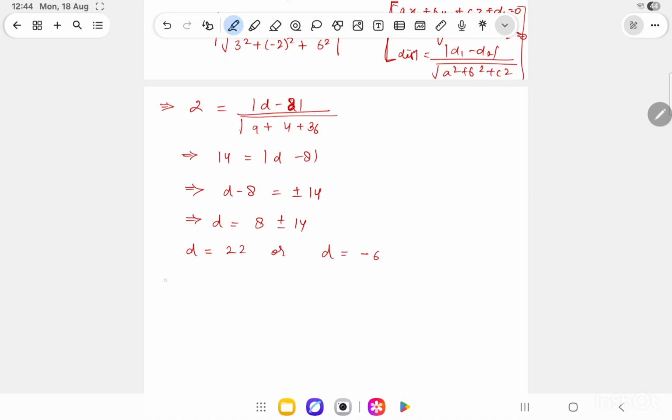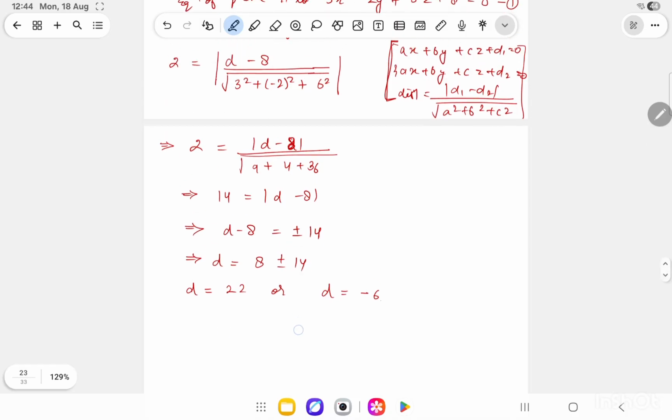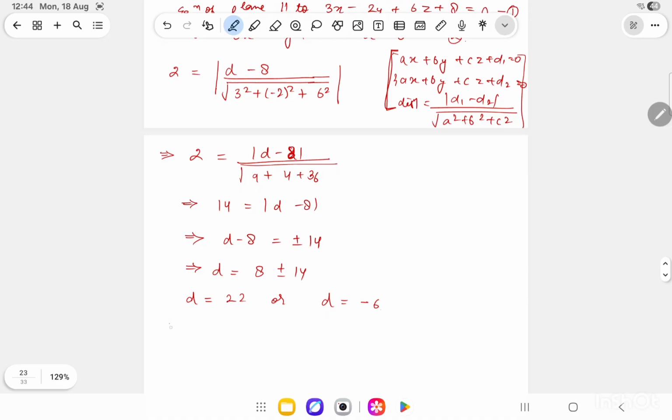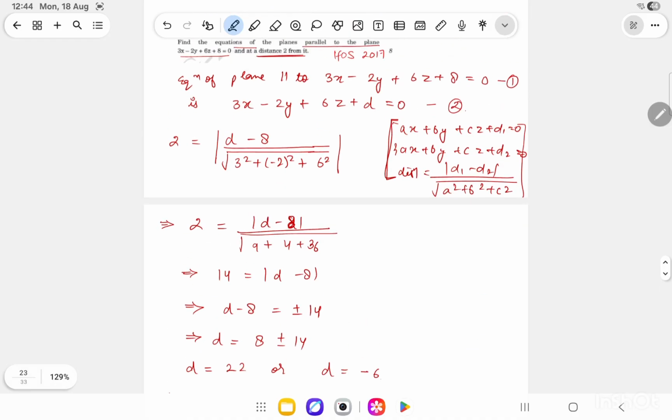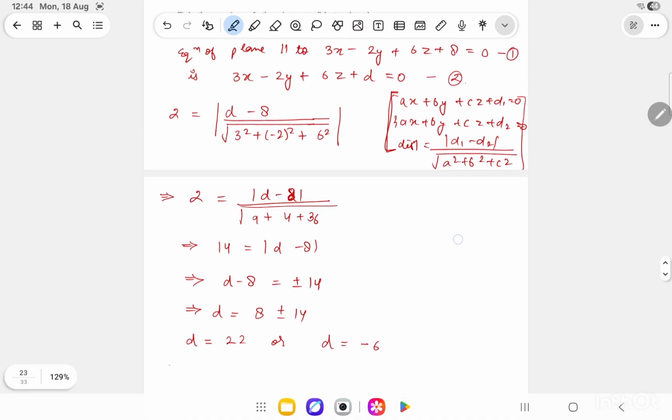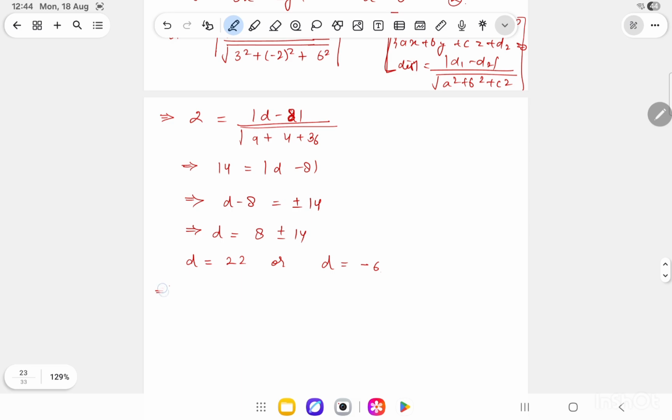So there are two planes which are parallel to the given plane at distance 2: 3x minus 2y plus 6z minus 6 equals 0 and 3x minus 2y plus 6z plus 22 equals 0.